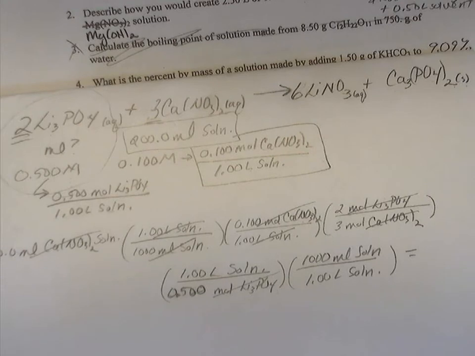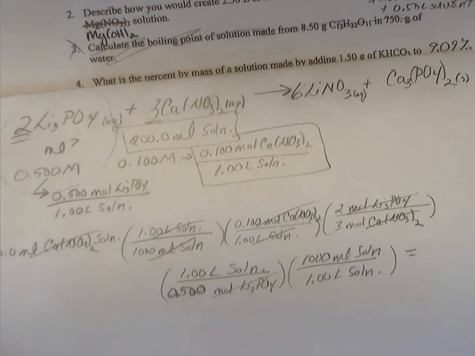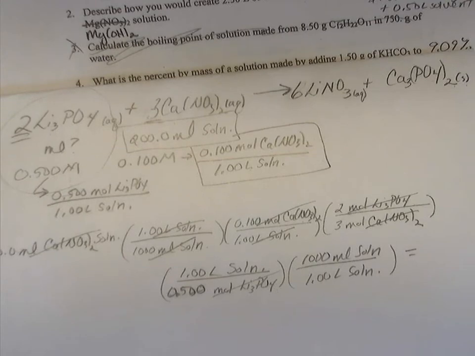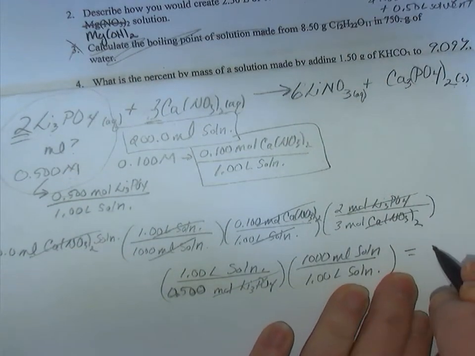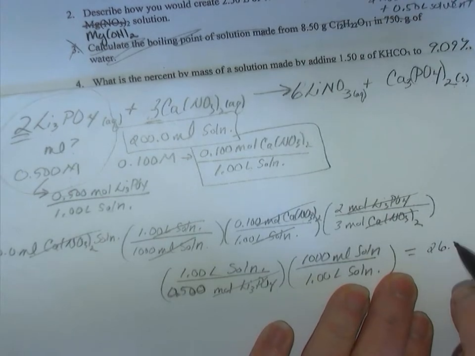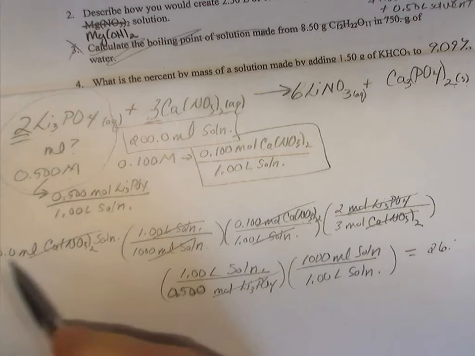Okay, so just do the math now, however you do this in your calculator. Okay, and I want to double check, but the answer that I get is 26.667. Let's check sig figs: 334, so I can report 3.